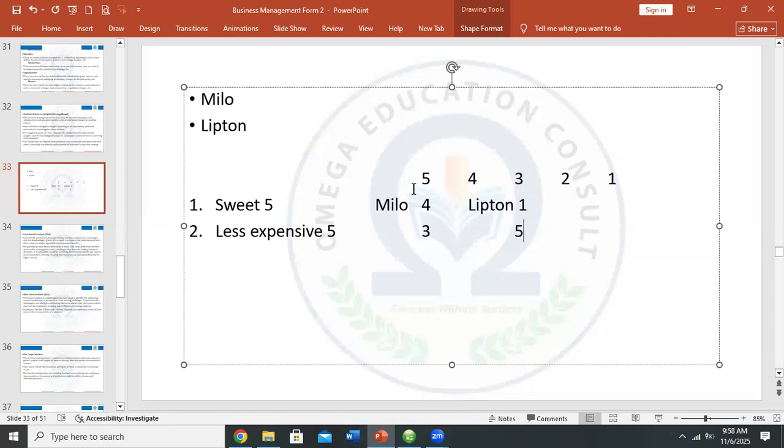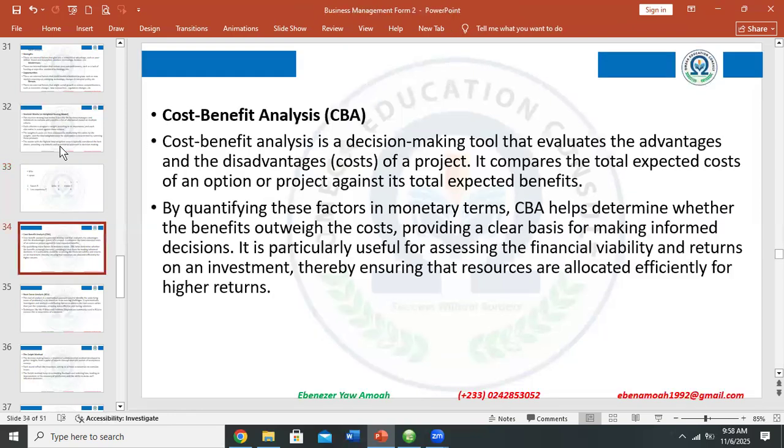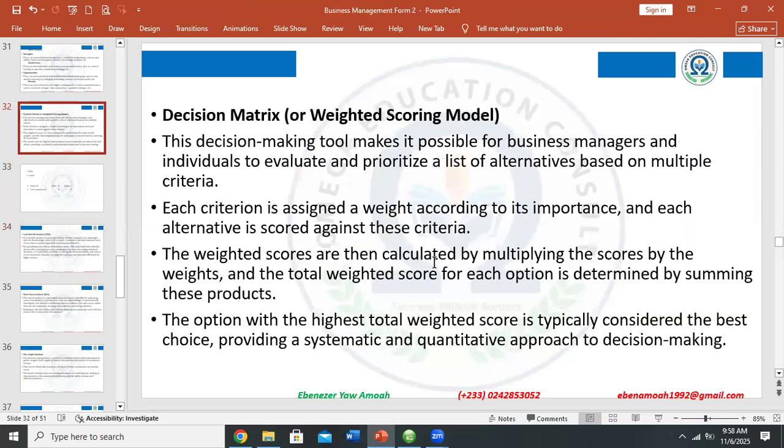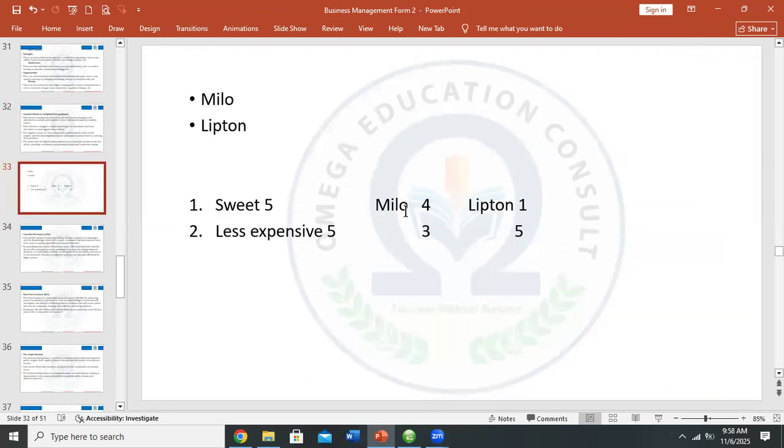Okay. Now, having assigned the scores based on the criterion, you do a multiplication. So let me go back. It says that you multiply the scores by the weight. For Milo, it scored 4 for sweetness.